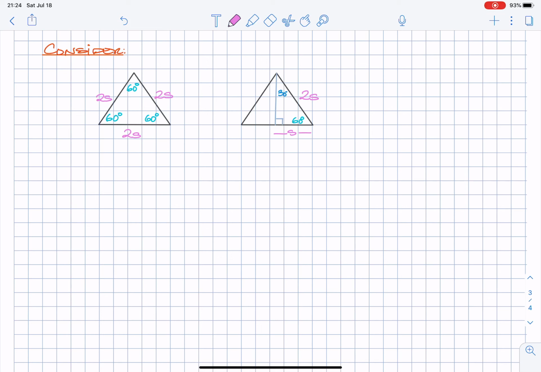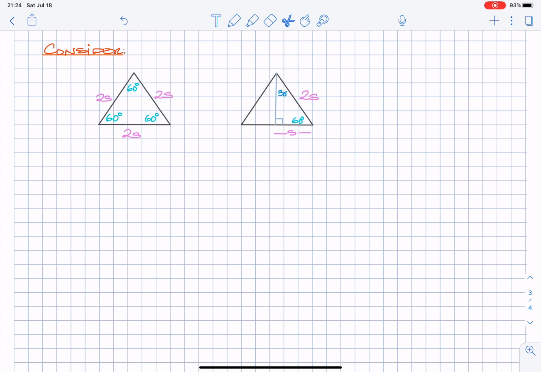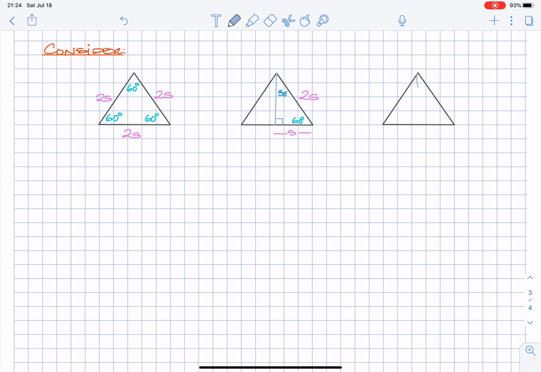So what I'm going to do now is take just that right-hand triangle. So let me paste this again. I'm going to drop the altitude or height, and I'm going to erase this side because now I just have the right-hand triangle.